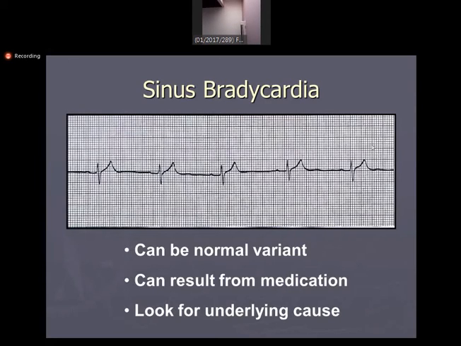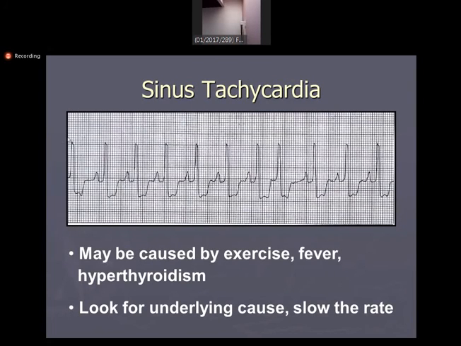Now here, again a 6-second strip. It means when this ECG strip is coming out from here to here, it will take how much time? 6 seconds. In 6 seconds, how many times does the heart beat? 1, 2, 3, 4, 5, 6, 7, 8, 9, 10, 11.